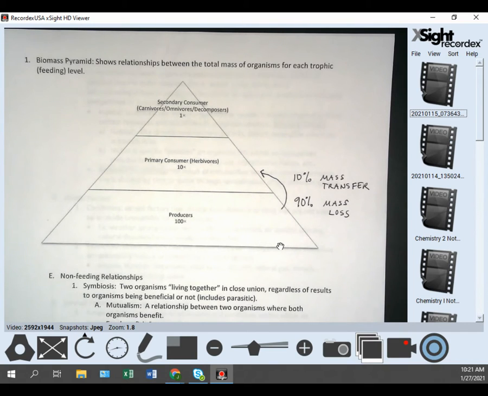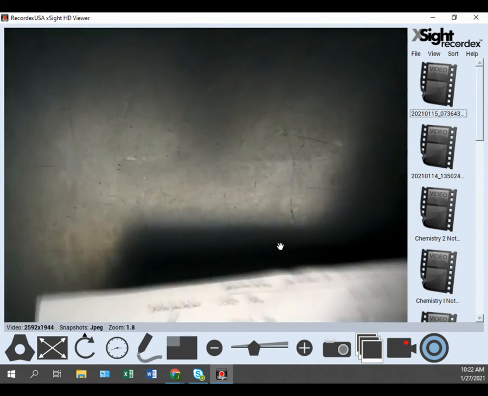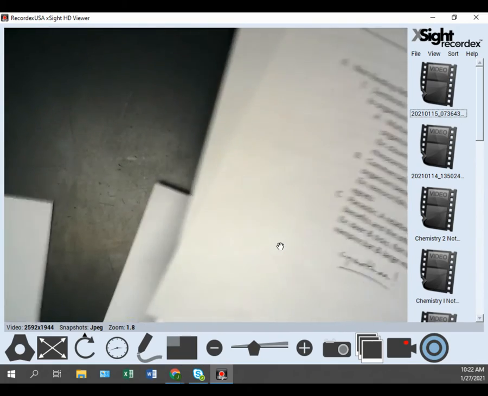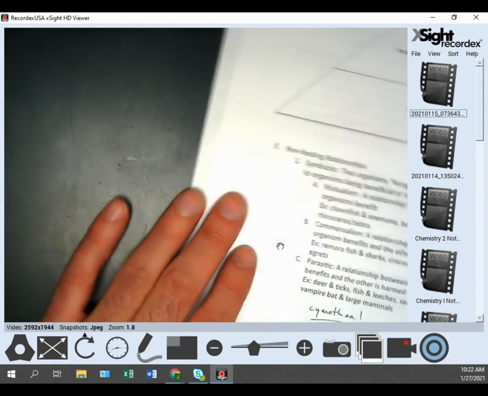Okay, good. Some of that gets used for other bodily functions and converted to energy, right? Good, so that's one. You might want to write this on the back.